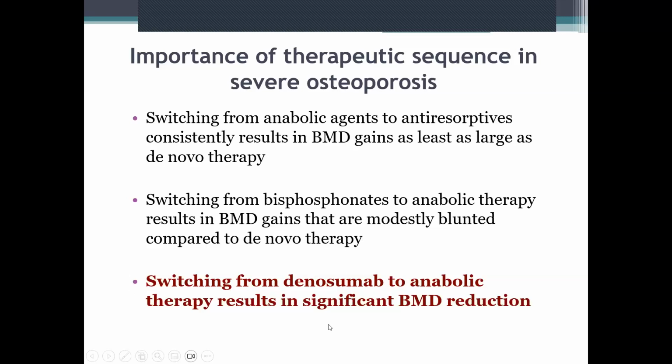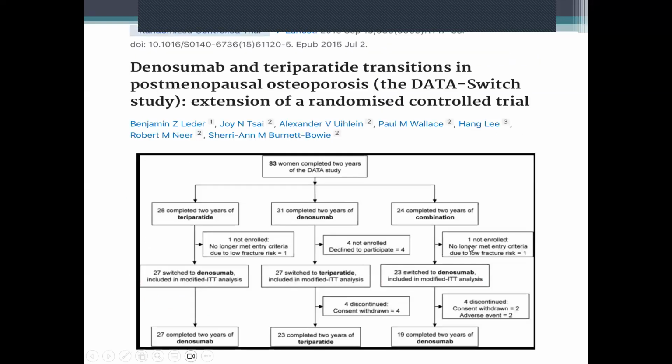Now, this is the issue. When you switch from denosumab to anabolic therapy, there will be a significant BMD reduction. What I mean by anabolic therapy here is what has been studied. So before Evenity, we had teriparatide. So if your patient was on denosumab and they fracture, it does not make sense to switch them over to an oral bisphosphonate.